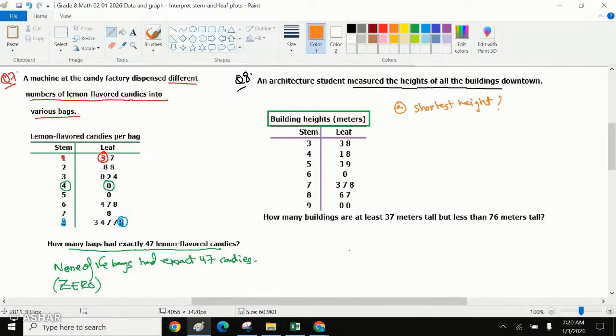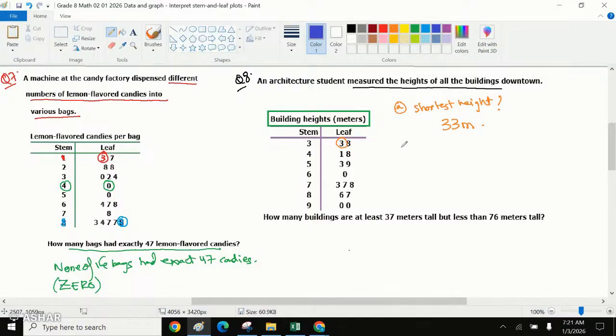Can anyone help me out? The shortest height would be in the smallest stem. The stem goes from 3 till 9, right? If we are looking at 9, that would be 90, a bigger number. But if we say 30 and the first leaf, we can say the shortest height was 33 meters, right?